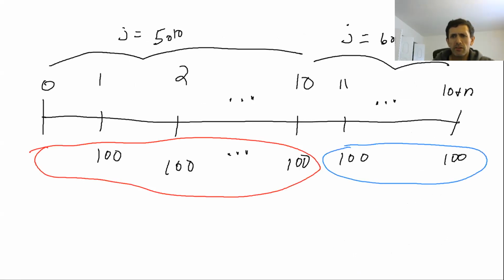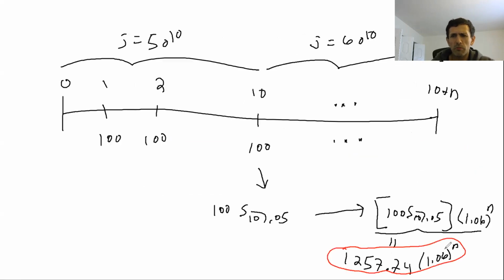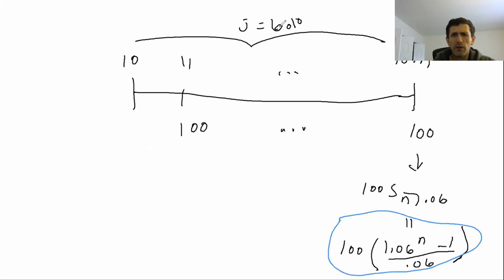The reason I want to do it this way is, lo and behold, I have a 1.06 to the n here and a 1.06 to the n here. Maybe I can do a little bit of algebra to figure this out.